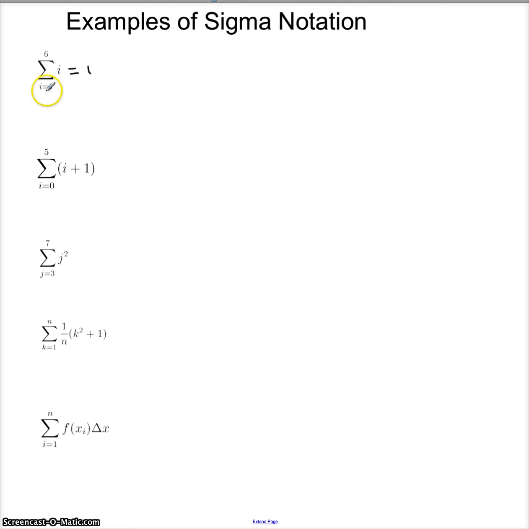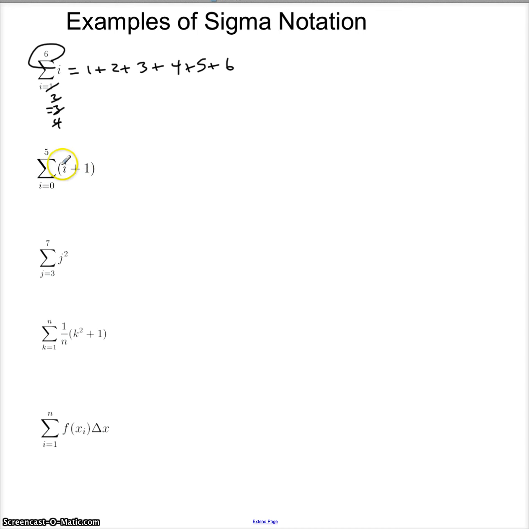Okay, now I'm going to tick that off. i is going to become 2. Plus, now I'm going to replace 2 in where i is, so that's 2. Plus, all right, I'm going to tick that one off. 3. So everywhere I have an i, I'm going to replace it with a 3. Plus, tick that one off. 4. You kind of getting the idea? Okay, tick that one off. 5 plus 6. And you stop when you reach the top number.